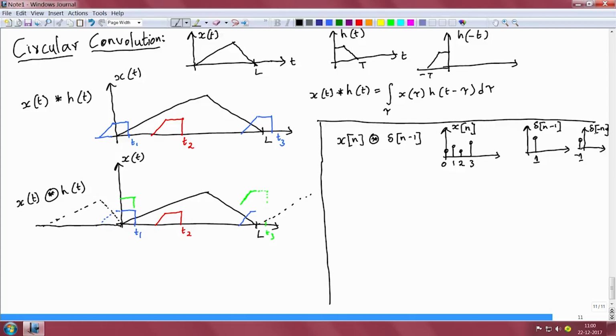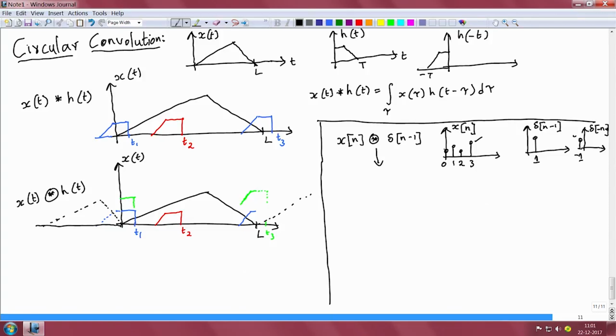Now, at time shift, what we are going to do is perform this circular convolution operation. We take this particular reflected signal delta of minus n minus 1 and multiply with x of n. Here with time shift 0 it is not overlapping with x of n. Hence we wrap it back, this pulse will be wrapped back to this particular instant t equal to 3. So, this is what we get.